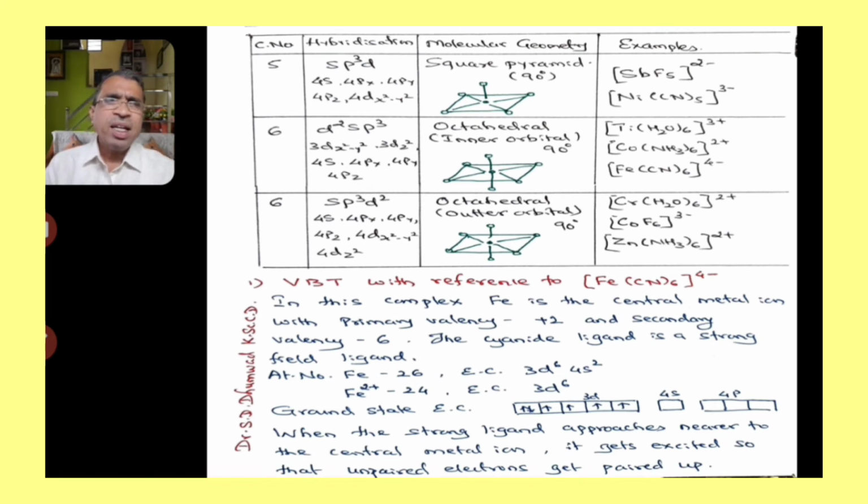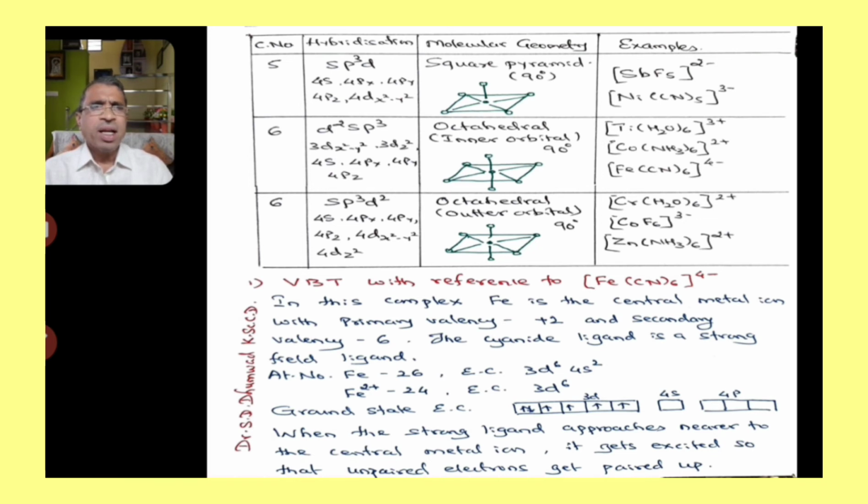The cyanide ligand is a strong field ligand. Therefore, it pairs the electrons. Let us take the atomic number of Fe, which is 26. Its electronic configuration is 3d6 4s2. Here Fe is in the +2 state, hence the electronic configuration becomes 3d6. The ground state electronic configuration of Fe2+ is 3d6, which contains 4 unpaired electrons.